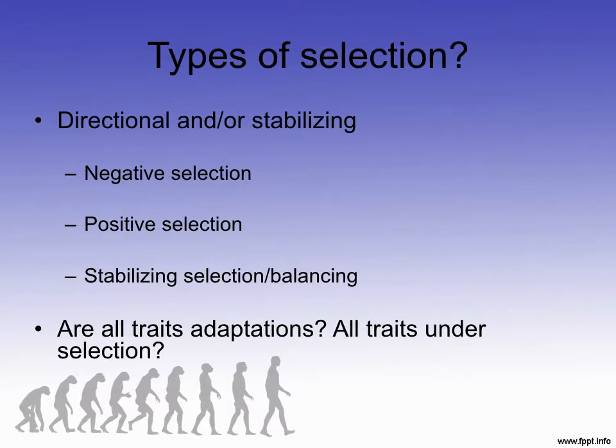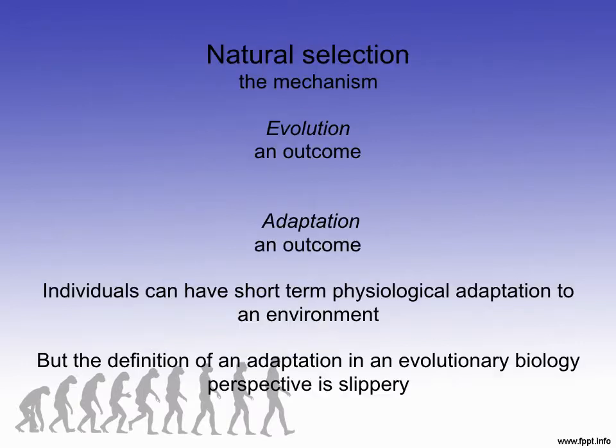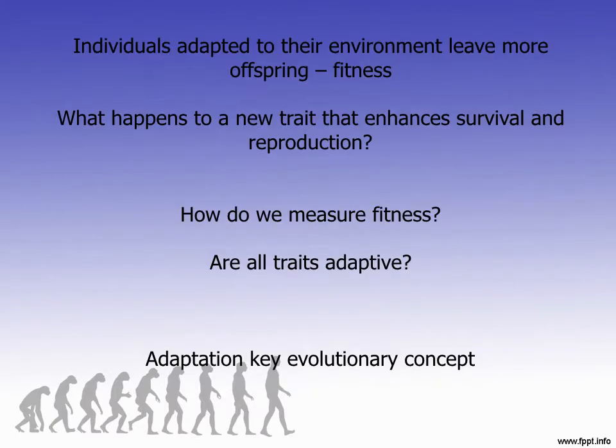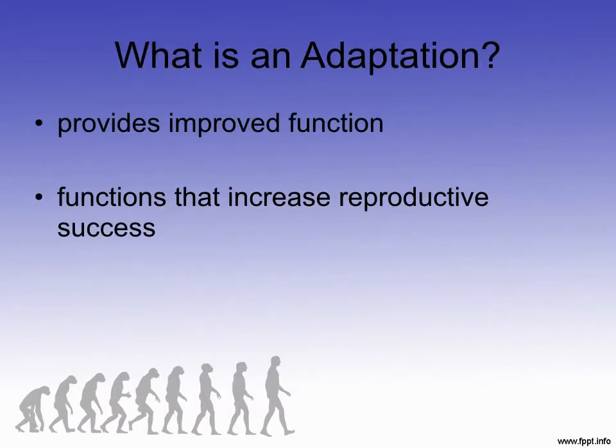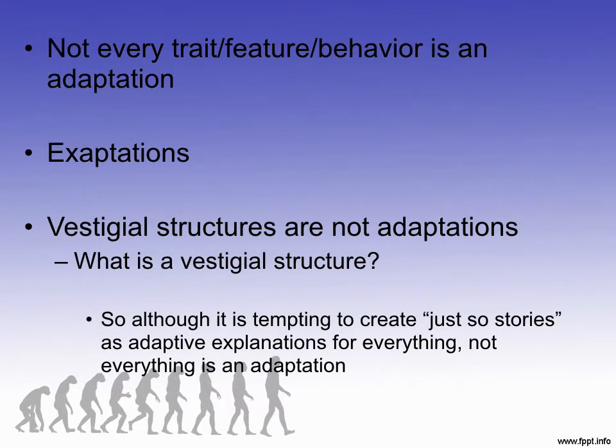So this begs the question, are all traits adaptations? Are all traits under selection? And it turns out that not all traits are actually adaptations. So not all traits, features, behaviors are adaptations.